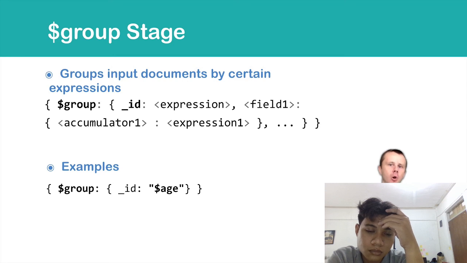Then we find all distinct values of the h field and then produce a new set of documents. And each of those new documents will have just one field, _id. And the values will be distinct values of the h field of the input documents. For example, 20, 21, 23, and so on.